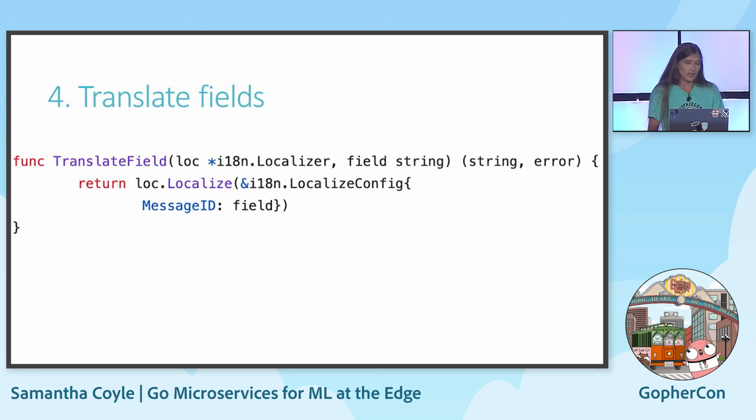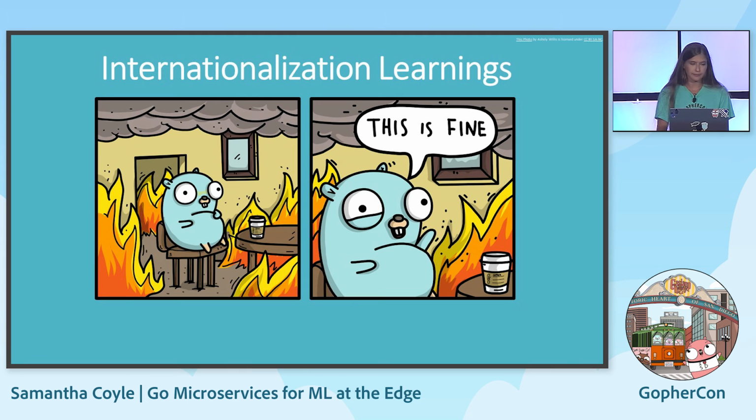And then from there, we actually translate the fields using that go-i18n package. And you can actually see here there is a message ID. So what this does is it kind of maps the keys across your different dictionaries, and then based on the header that you have chosen, it will translate based on your dictionaries, right? So it's all of these different steps is how you go about this implementation.